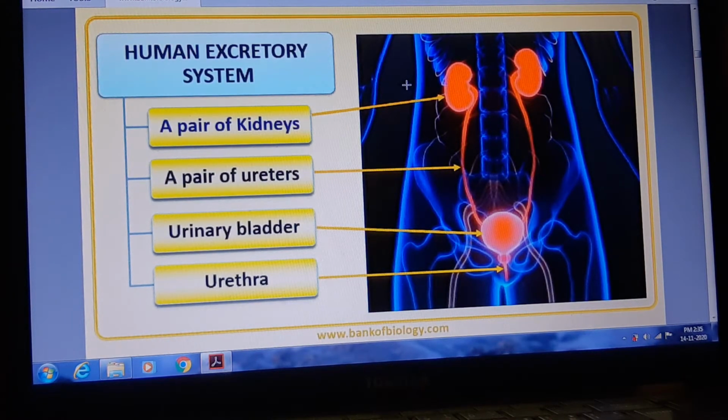From the urinary bladder, an opening, the urethra, releases the stored urine out of the body. So these are the parts of the human excretory system. Students, we will now study the entire human excretory system one by one in detail. So let us proceed.